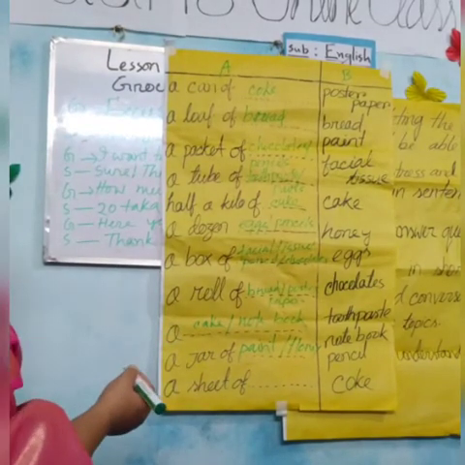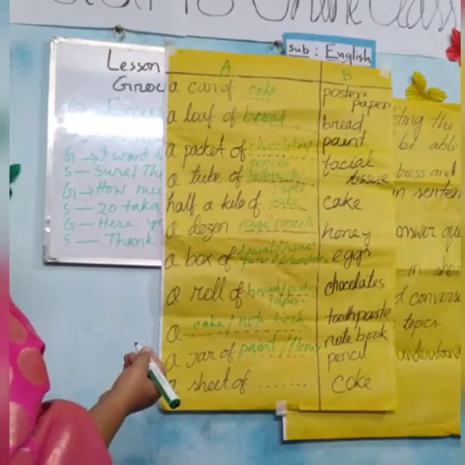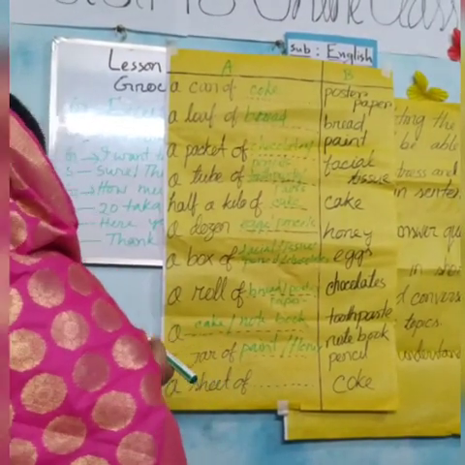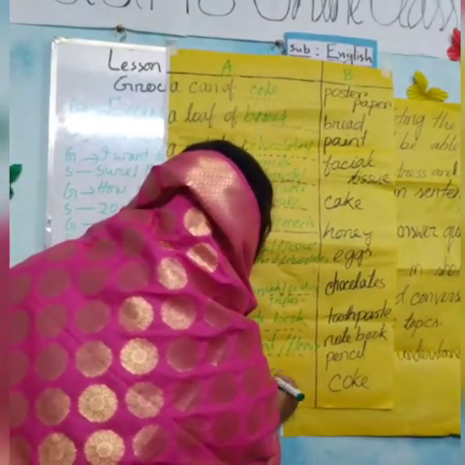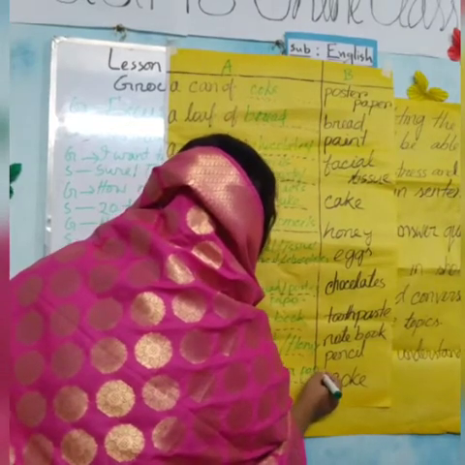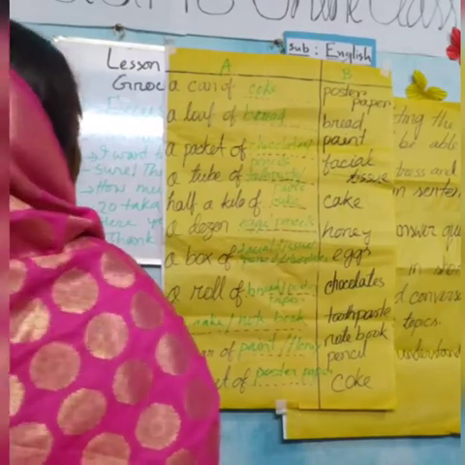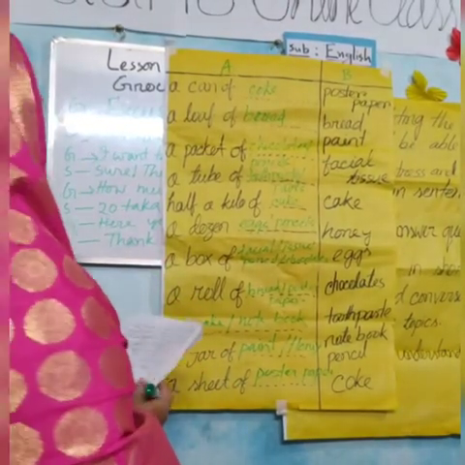A sheet means pata, a sheet of poster paper. So these are the answers of activity C.